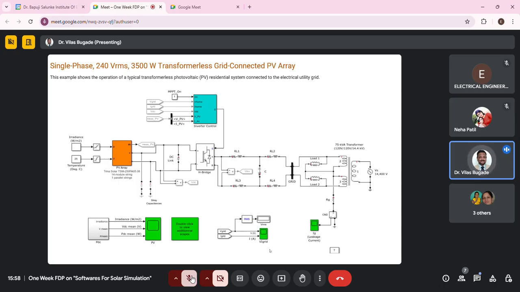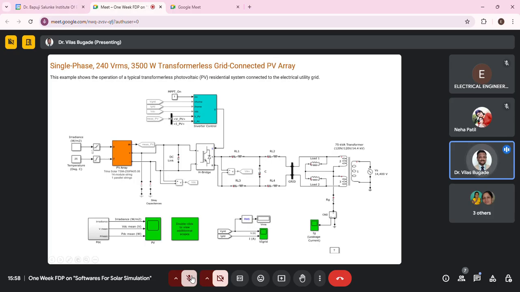In that case there is no need for a transformer, because in our solar system, whatever the inverter we are using, this is an inverter over here, and then the grid comes into the picture. These are my loads, which are going to be satisfied by the system.